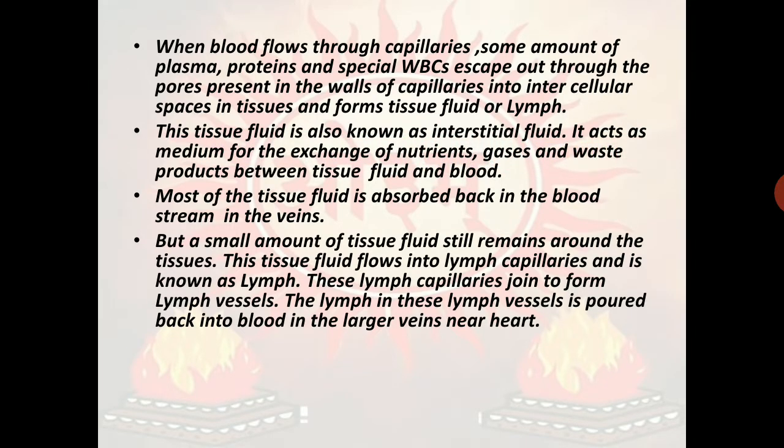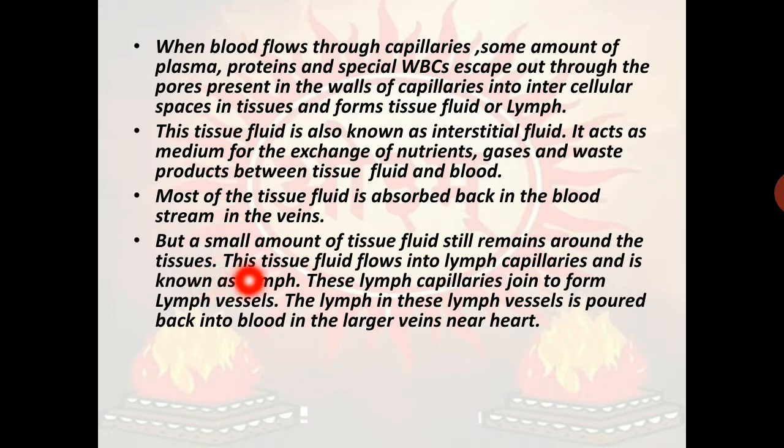It acts as a medium for the exchange of nutrients, gases, and waste products between tissue fluid and blood. Most of the tissue fluid is absorbed back into the bloodstream in the veins, but a small amount of tissue fluid still remains around the tissues.